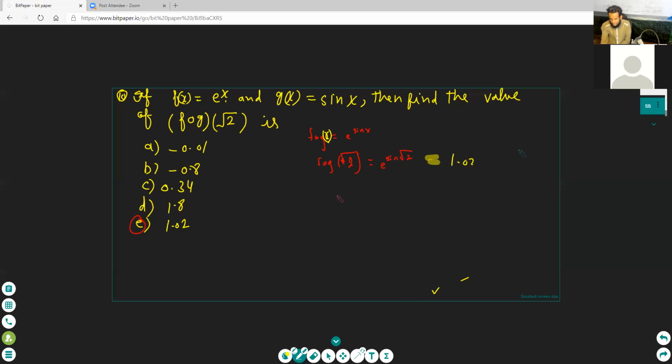I write the question number 11 here. You should use the replacing method for inverse.